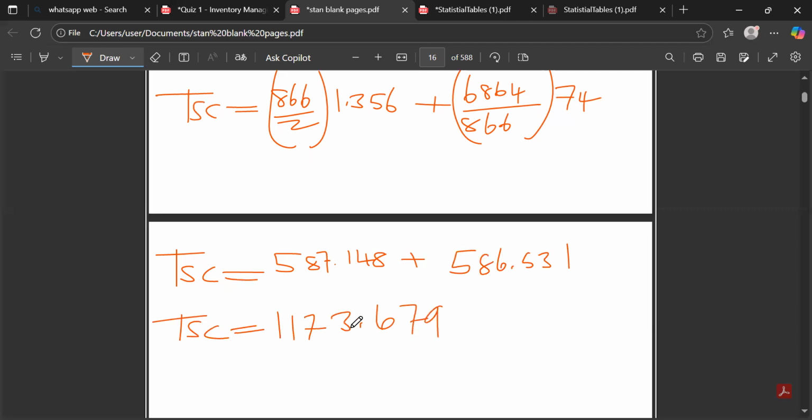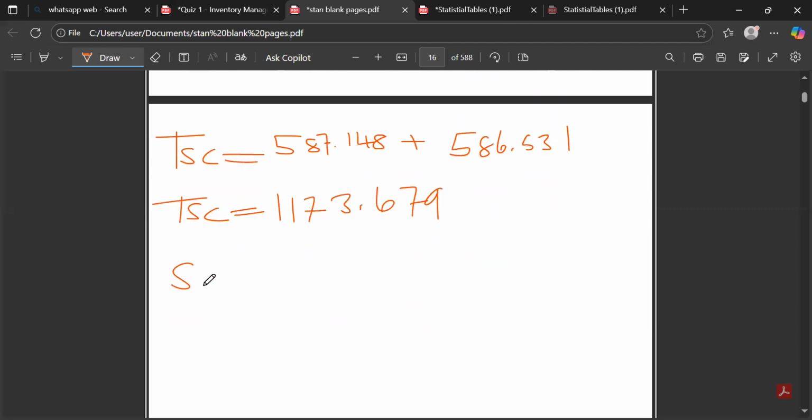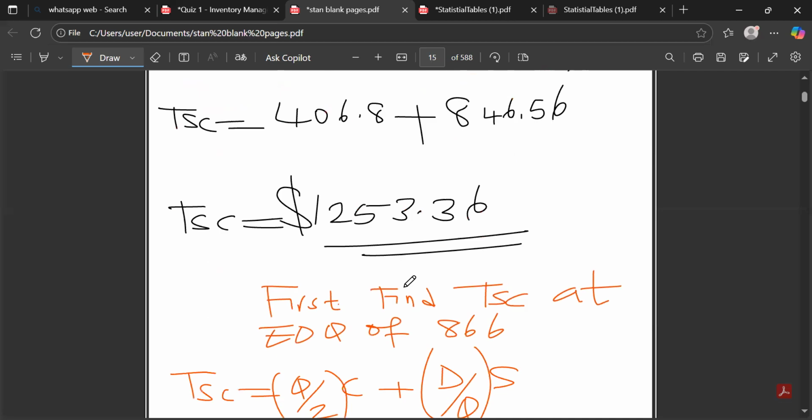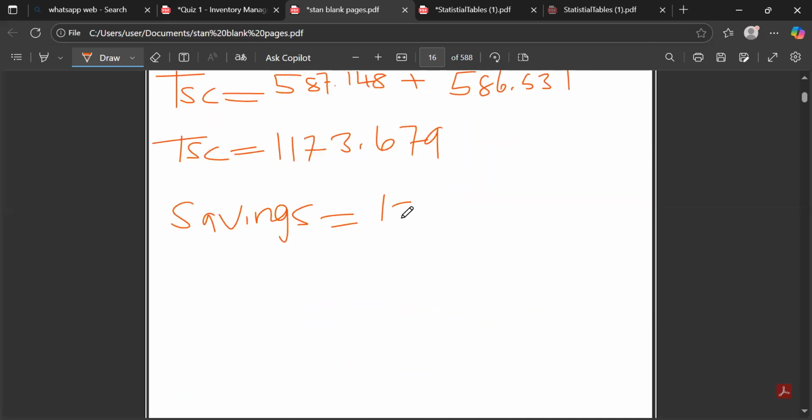1173.679. So let's find the savings. Our savings will give us what? 1253.36 minus 1173.679.